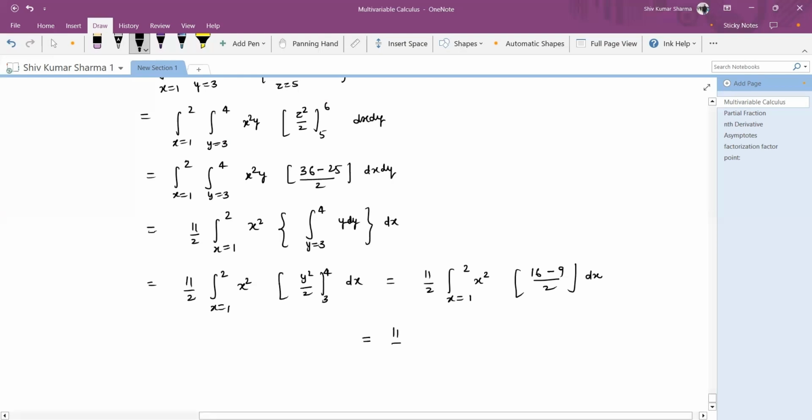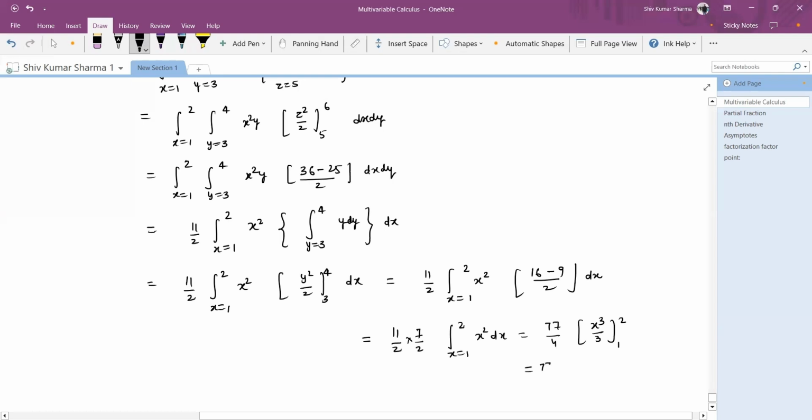So this gives us 11 upon 2 into 7 upon 2, and x equal to 1 to 2, x square into dx. When we integrate with respect to x, this gives us x cube upon 3, and we take the limits as 1 to 2.